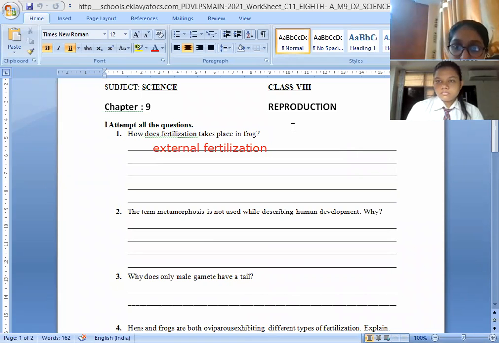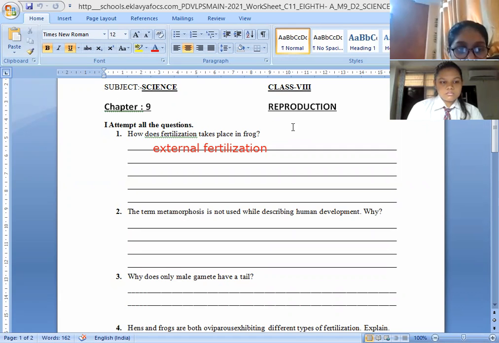A female frog lays hundreds of eggs on the surface of the water, and they are fertilized by the sperms of the frog. But hundreds of these eggs do not turn into frogs. There is a reason behind it. The eggs are not covered by shells.